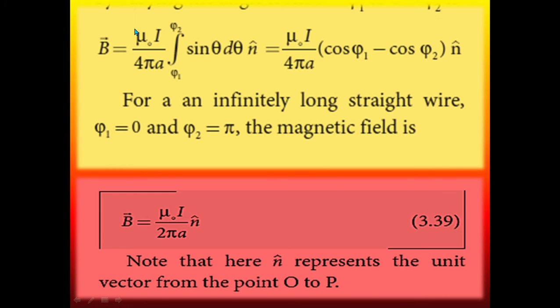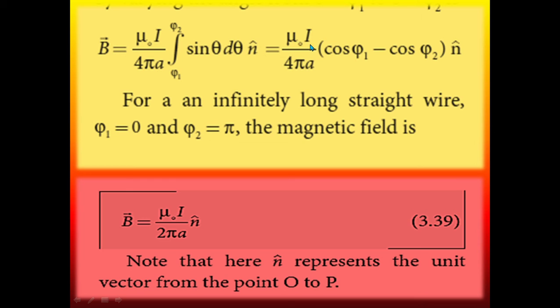B vector, mu naught I divided by 4 pi a, is the constant value, so remove the constant from the integration symbol. Mu naught I divided by 4 pi a, integration from phi 1 to phi 2 of sin theta into d theta n cap.